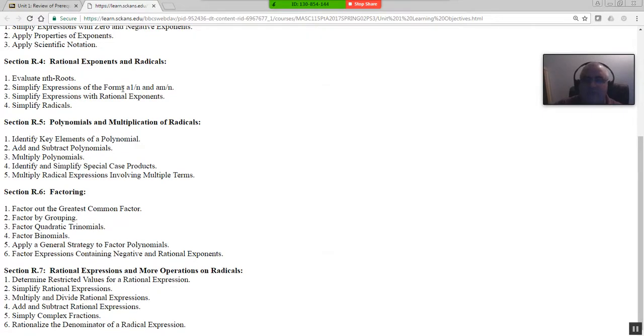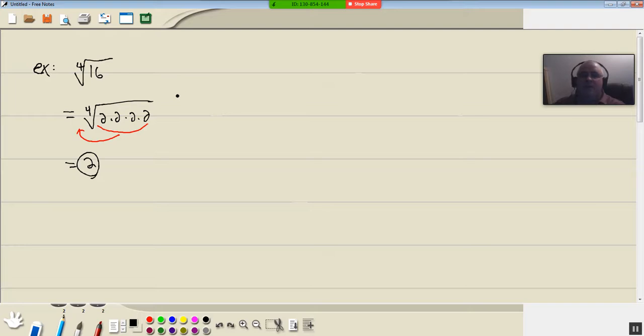Now, simplify expressions of the form a to the 1 over n power and a to the m over n power. We have to understand the relationship between a radical and that particular form. Let's say I'm looking at the cube root of 5 squared. So this is radical form.